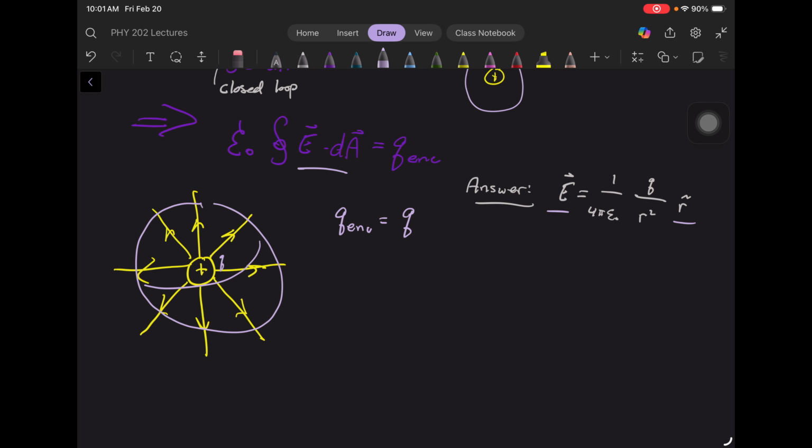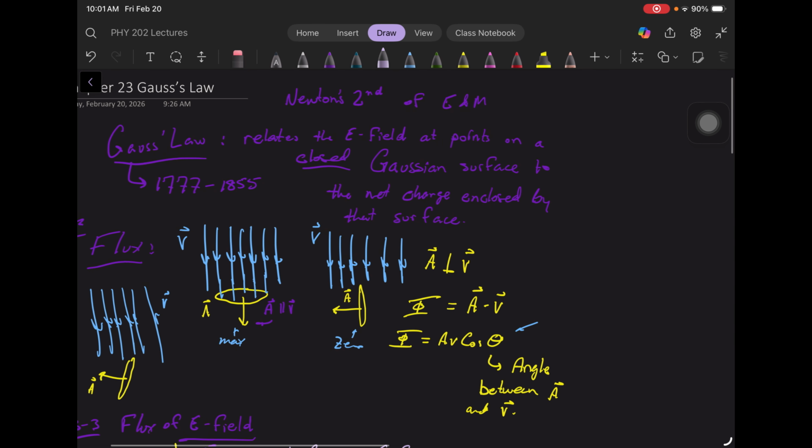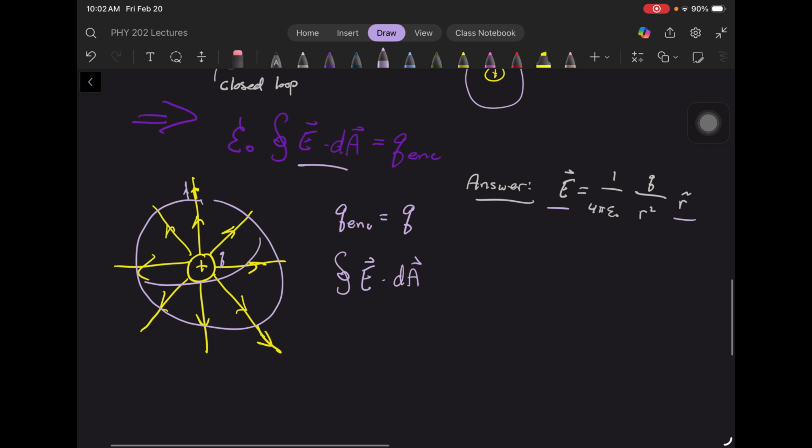Okay, so we have Q enclosed, and then we want to look at E dot dA. As we said, the area vector is going to be pointing out, and we have the electric field vector pointing out. It's the same story. And so we have E parallel to dA along the entire surface.